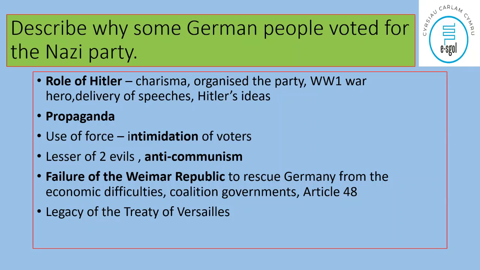So maybe Germany is in a time of chaos. And the coalition governments, two or more parties in a government, due to proportional representation, are unable to agree sufficiently to grant Germany a way out of this economic despair.